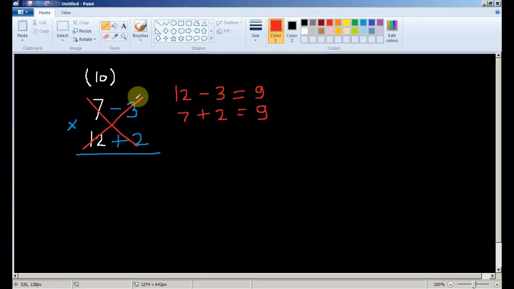So this part is over. Now we have to do a vertical multiplication between these two numbers. So 3 into 2 is going to give me 6. So I got 9 and I got 6.